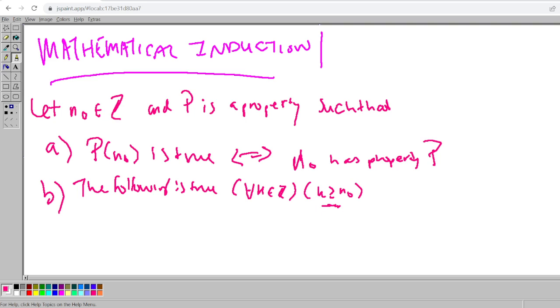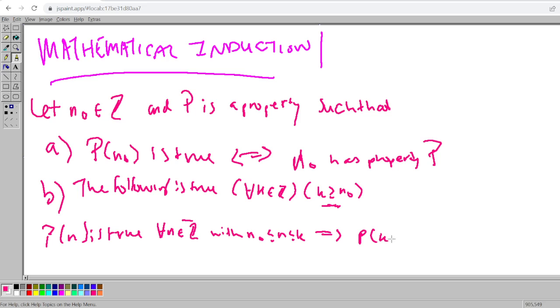So the conditional statement: if P of n is true for all n in Z with n between n naught and k, then that implies that property P of k plus 1 is also true.